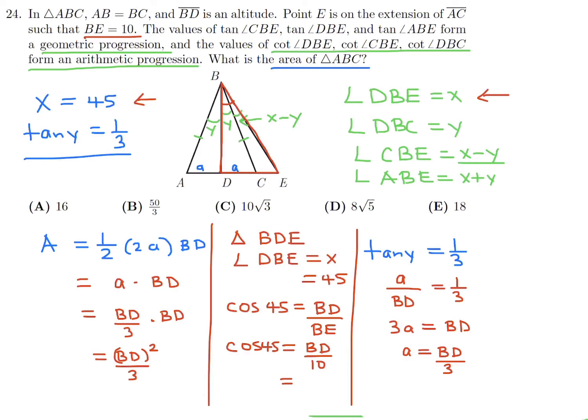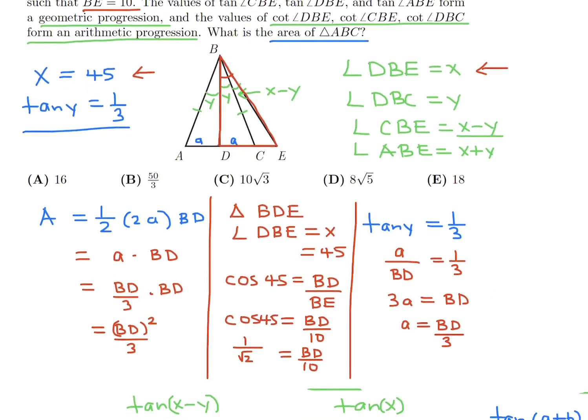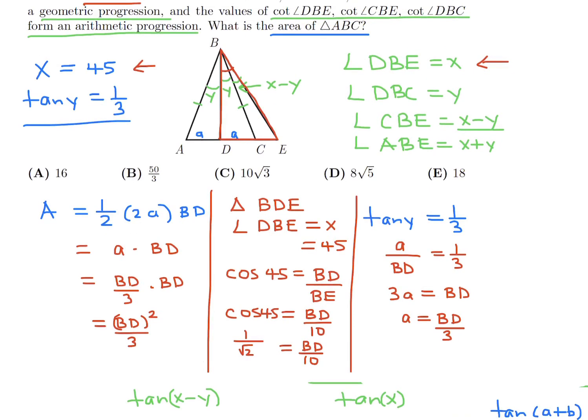And the cos of 45 is one of those angles that most people know just by inspection. You don't need a calculator. And it is 1 over root 2. 1 over root 2 is BD over 10. So therefore, BD is equal to 10 over root 2.